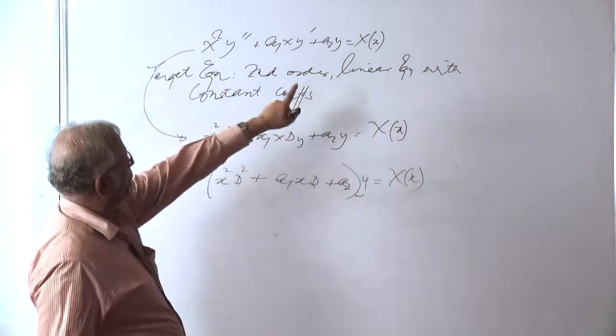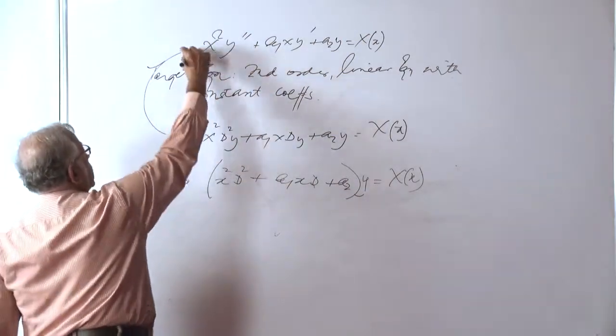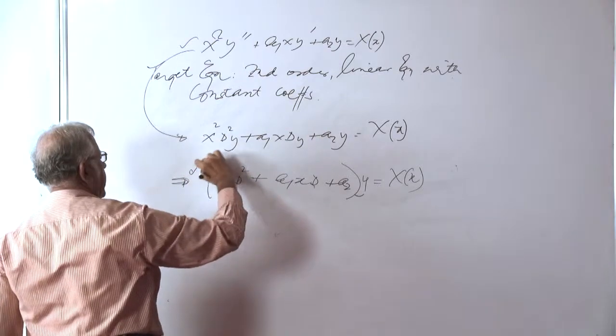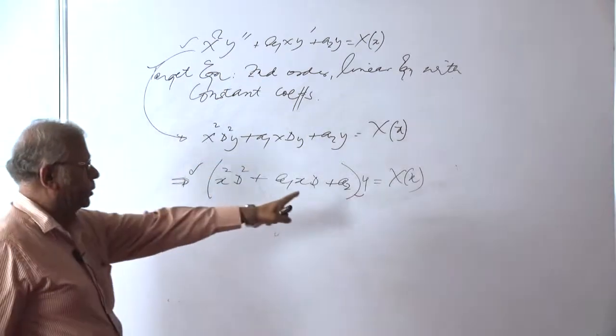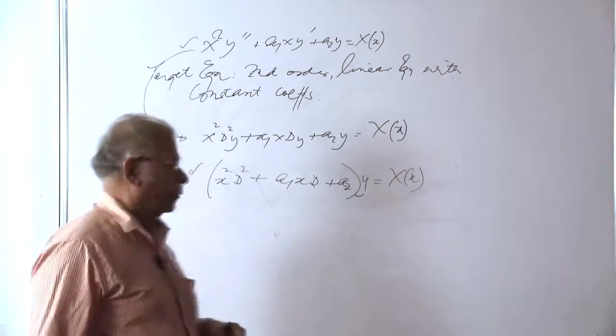That was the original equation. So these two are identical, excepting that this is written using the symbolic D operator form.